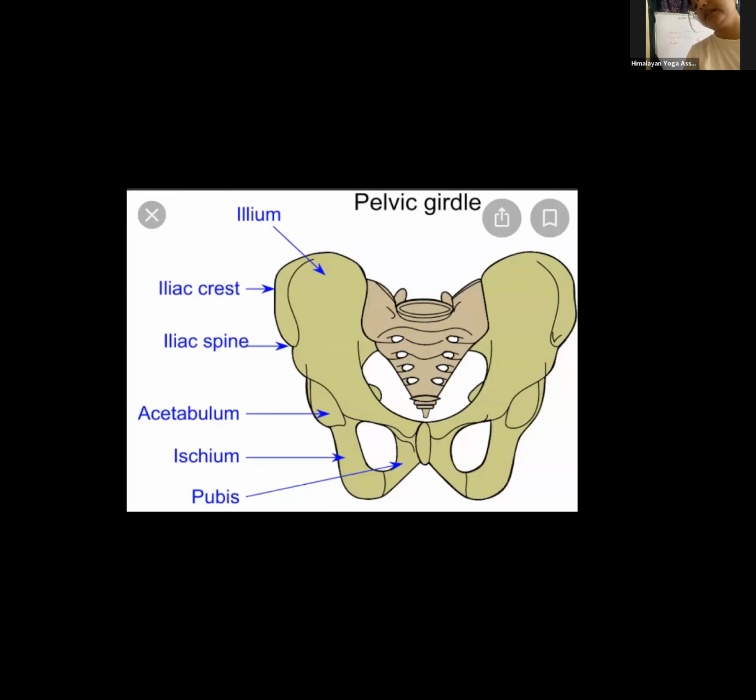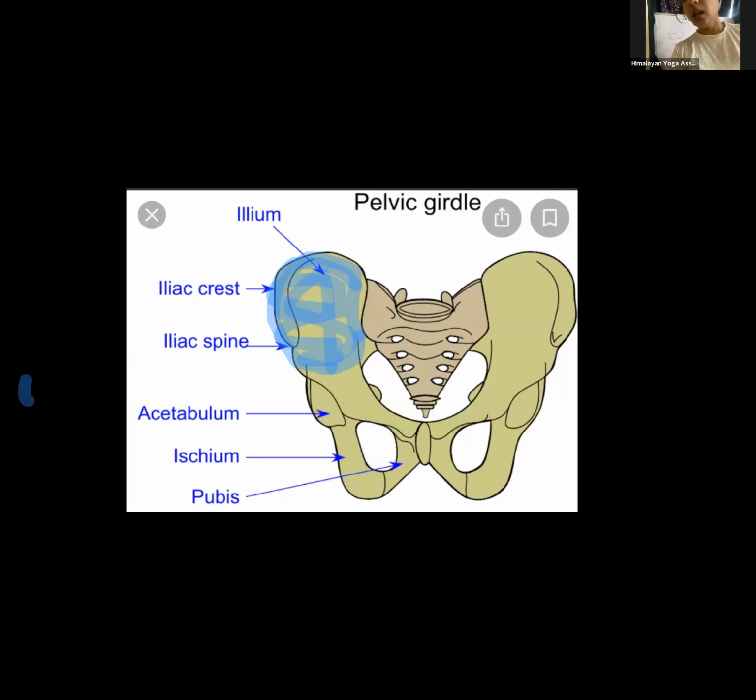Here, this fan-like structure, this is ilium. In that, this is the ilium, iliac crest, iliac spine. These are part of ilium.